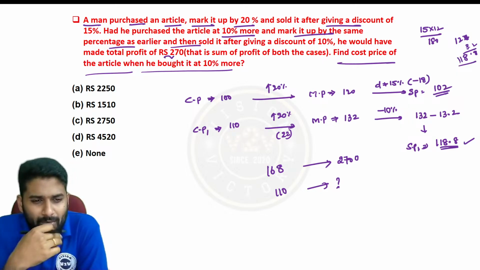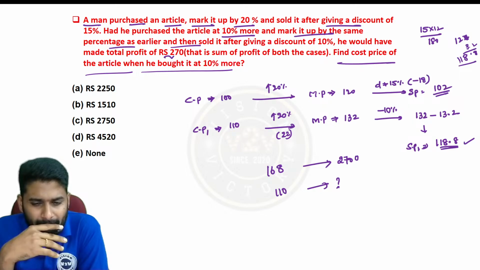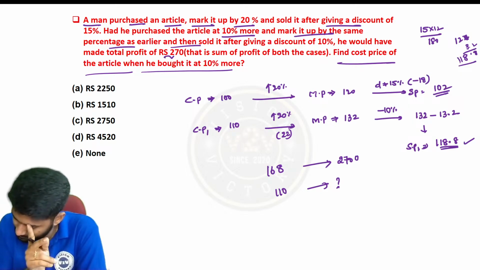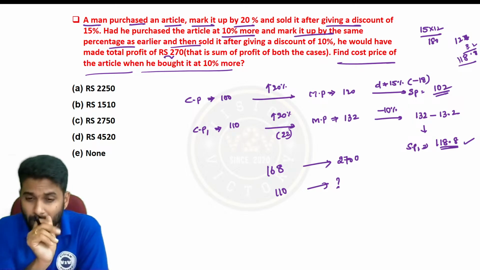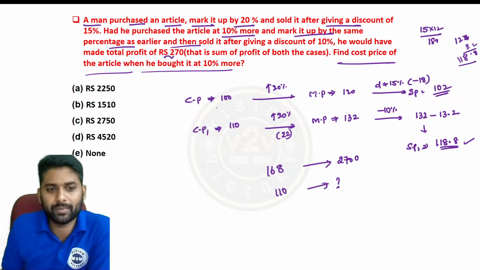You would have made a total profit of 270. Give me a second. That's a comparison, right? Find the cost price. Okay, he made a total profit.